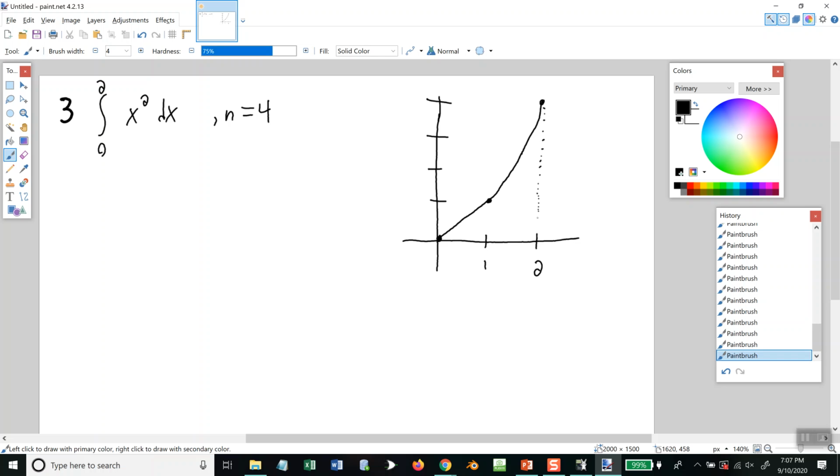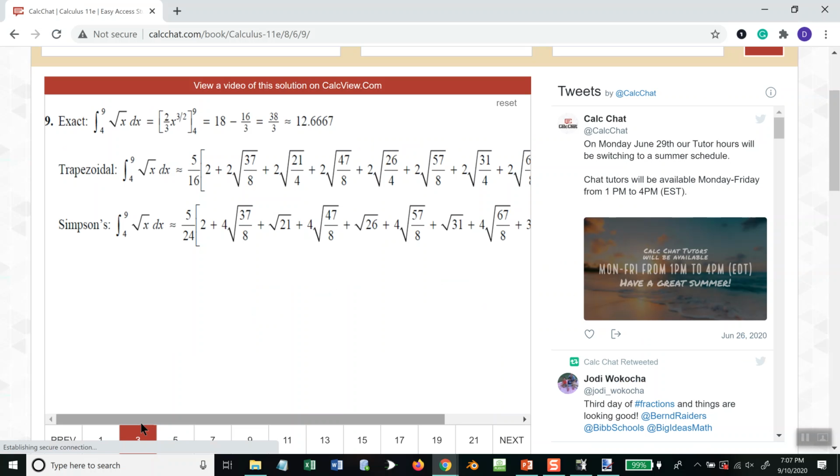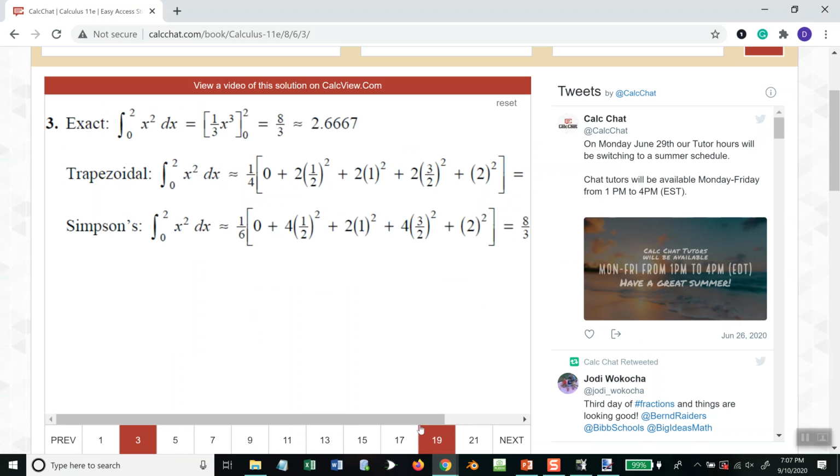Got this picture right here. They probably gave you a good picture in Calc Chat. That's number 3, where they give you no picture.